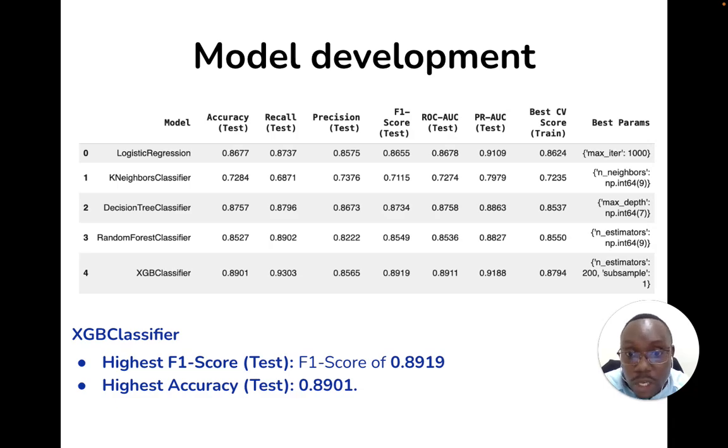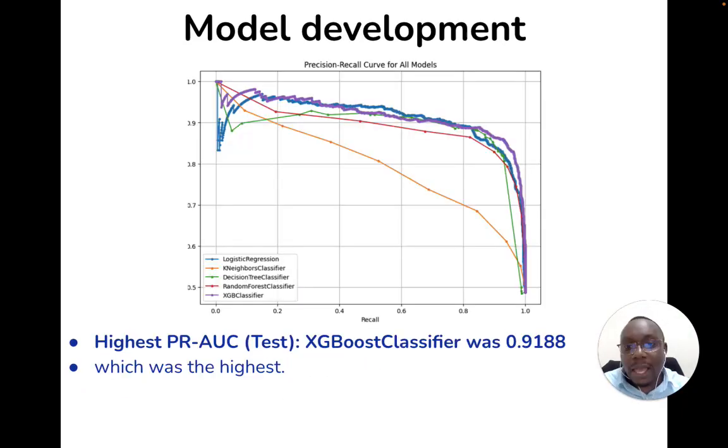These models were trained using 5-fold stratification, and the models were tuned using grid search CV. At the end of all this training, we obtained the XGBoost with the highest F1 score of 89.19% and a high accuracy of 89.01%.